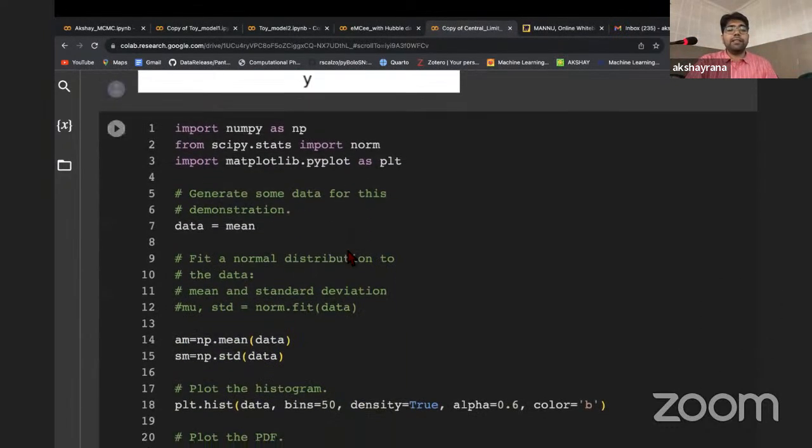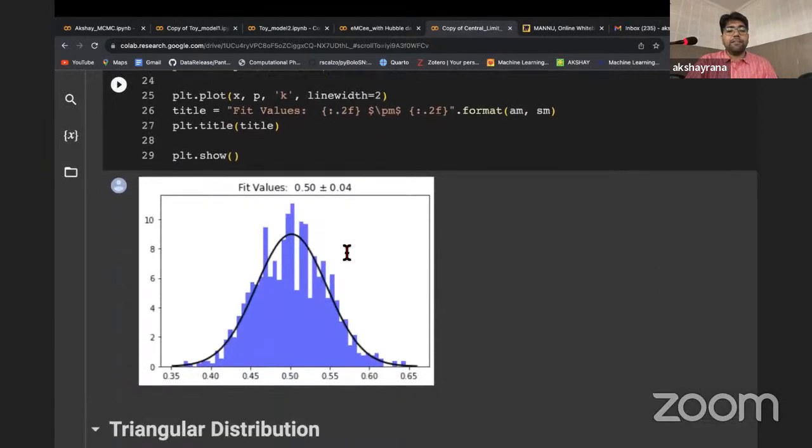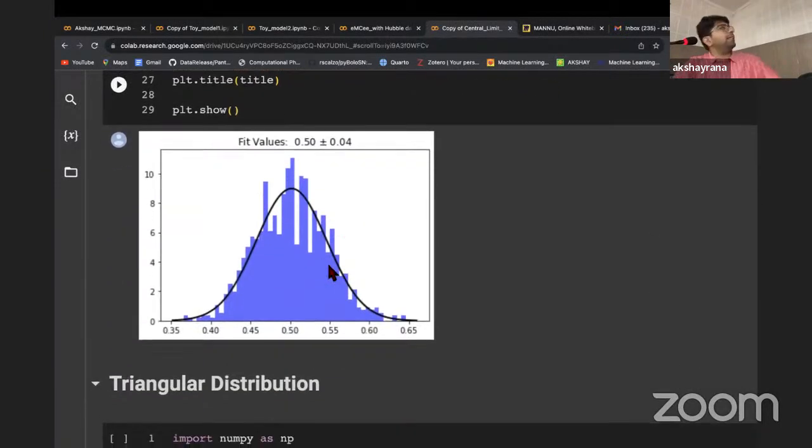If I make this very, very large, it's a bit slow, it's lagging a bit, you will get a distribution of this sort. And the mean, if you calculate it, will be something like 0.50. This is the mean of means for the uniform distribution.